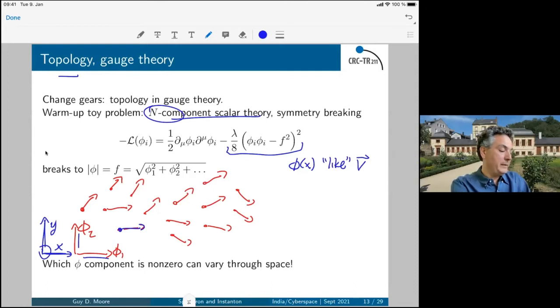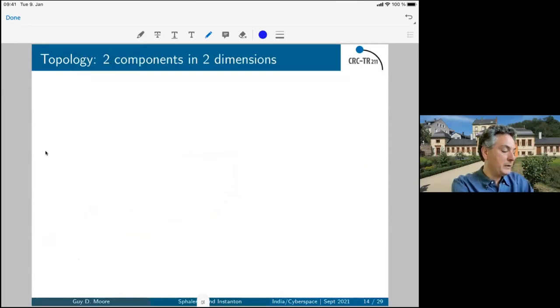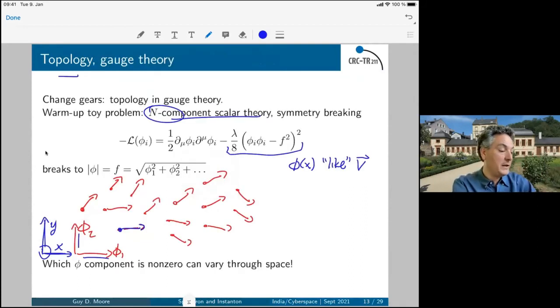And if you think about vector fields, well, it can vary in some kind of random way like this, or it can also vary in a more interesting way where if I cut out some point and say, I don't know how to define my vector. Oh, sorry, I should mention something. This wants my field to have a fixed length f. So it's not just any vector field, it's a vector field where at every point the vector has the same length.